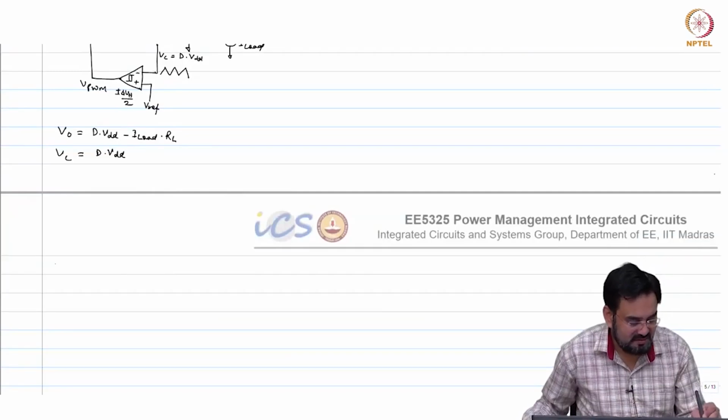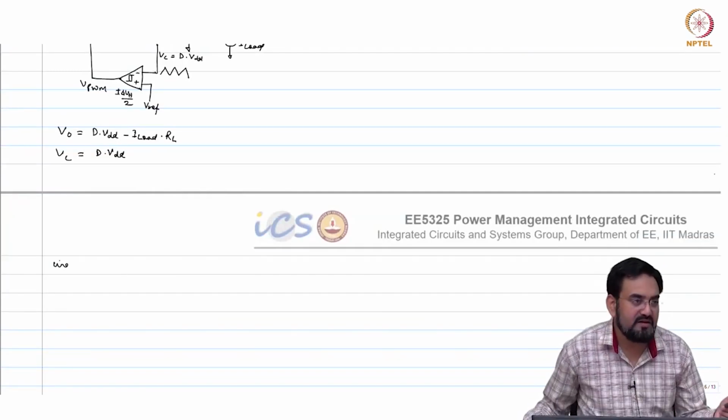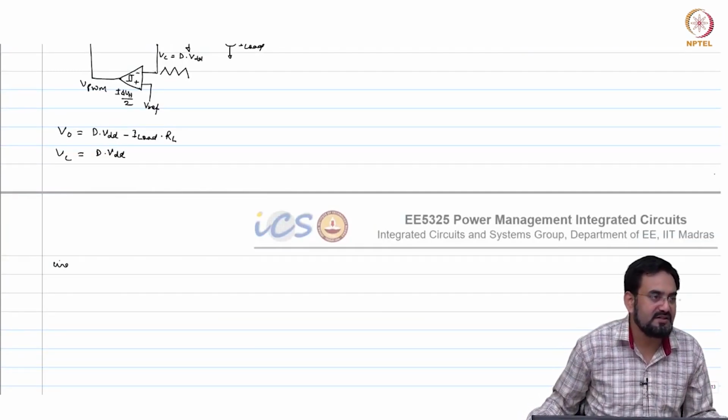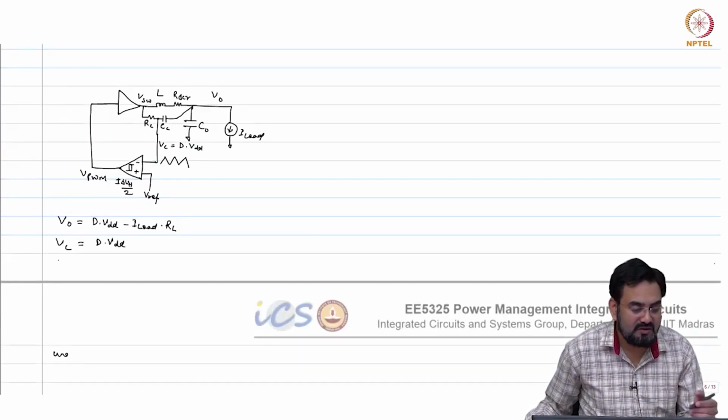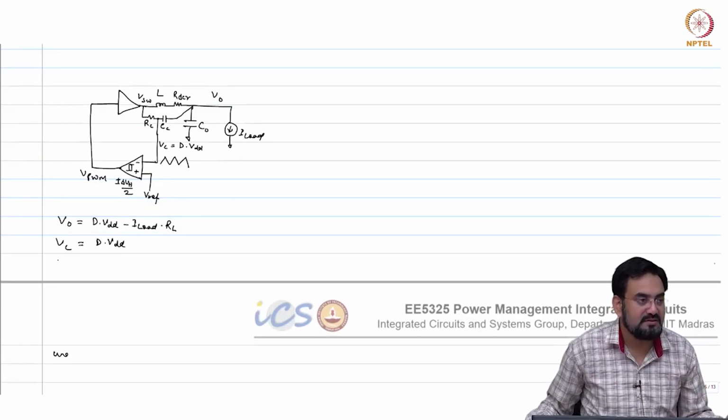Which means, and what are we regulating? V out or VC here? We are not regulating V out in this case. We are regulating VC.